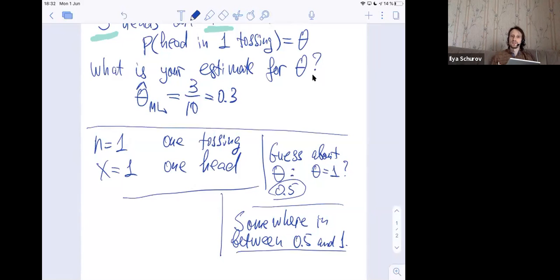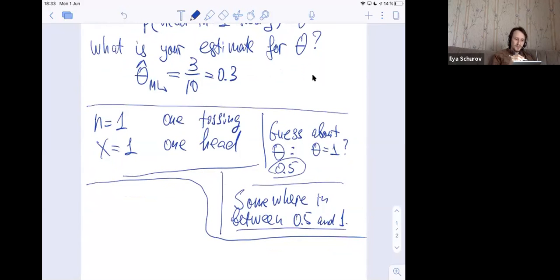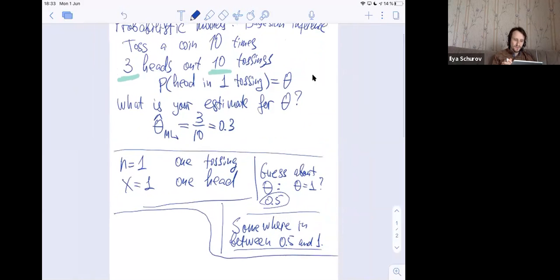Have you ever met in your life a coin that looks like a normal coin, but produces heads with probability 1? I think neither of you met this kind of coin, and actually me neither. We didn't check all of them. We can't say. Well, at least I never figured out that I have such a coin.